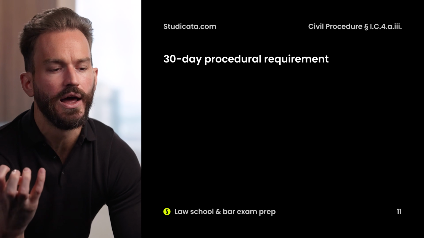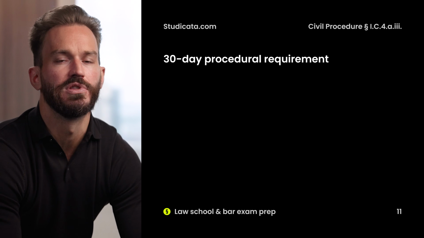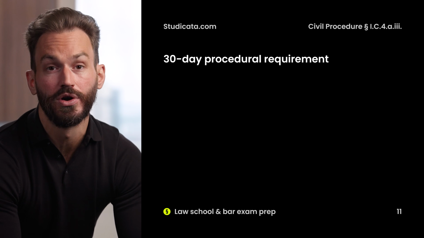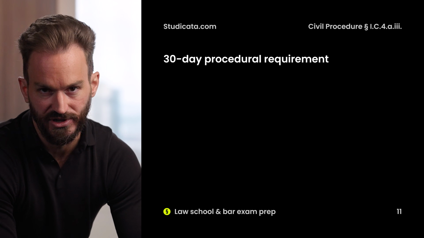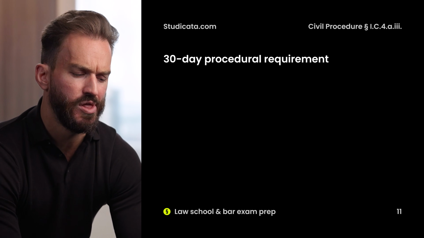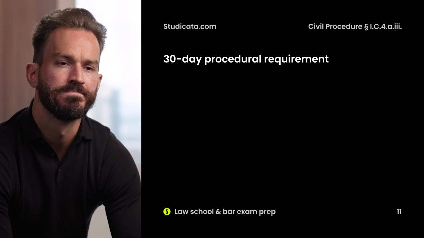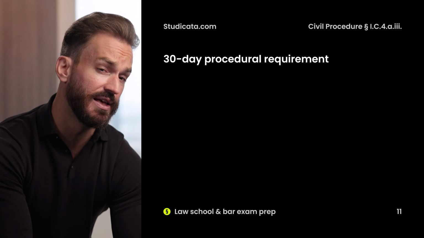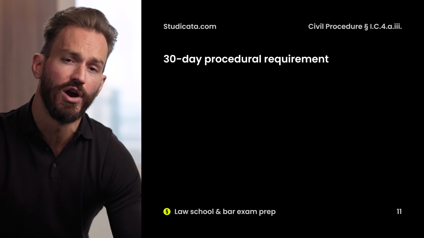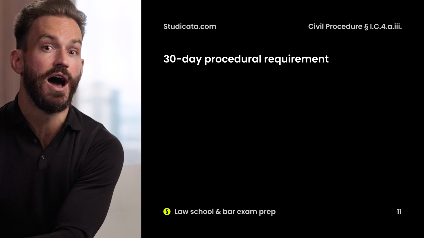Usually a non-diverse party is dropped from the lawsuit, and now the court would have diversity jurisdiction. So in these cases, how does that play with the 30-day procedural requirement, where you could have a situation where the lawsuit starts as non-removable, but later on it's ascertainable that this is now removable?